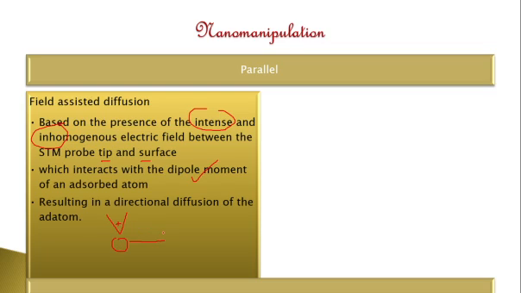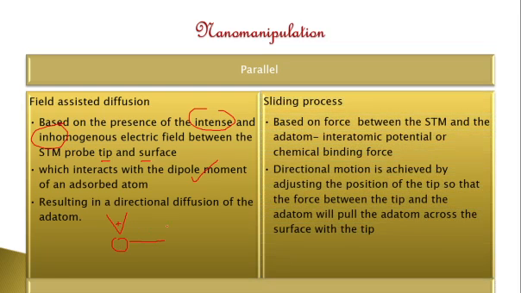Okay. Another way is the sliding process, where you have a force between the tip and the adatom, and this force could be an interatomic potential or chemical binding force. So the directional motion is obtained by adjusting the position of the tip, as we mentioned in the earlier case.